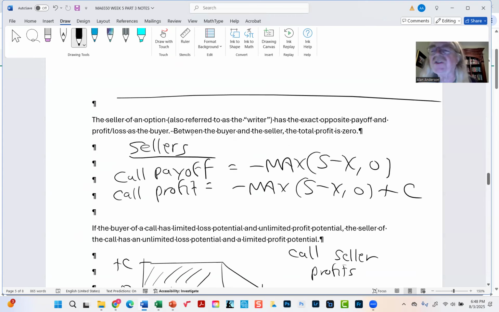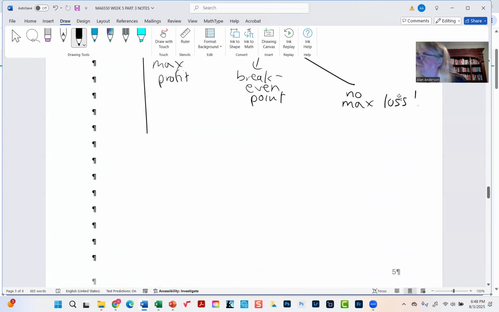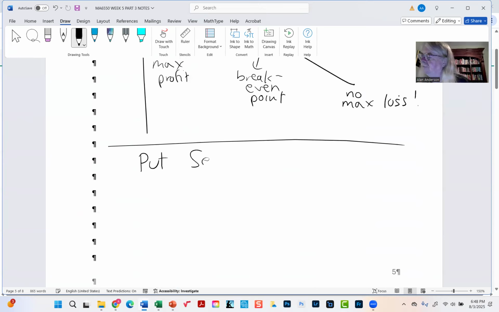We also have to consider the position of the put seller. And then all four of our basic positions will be in place. So the payoff is the negative of that of the buyer, negative max, x minus s and 0.